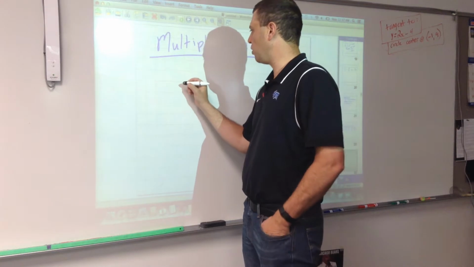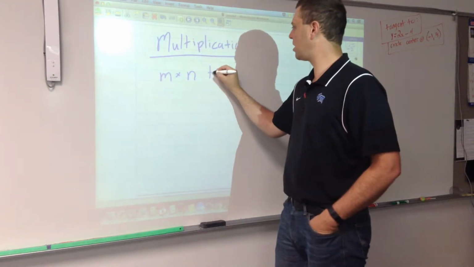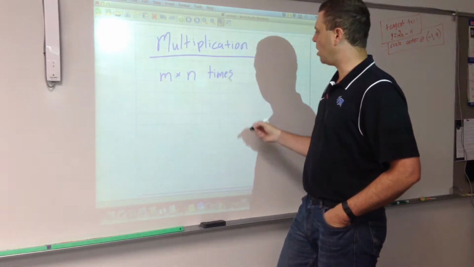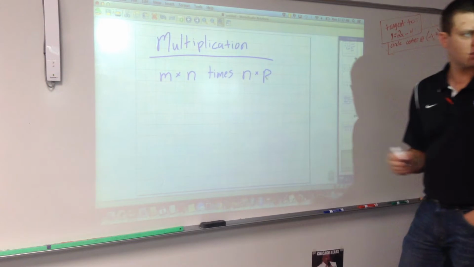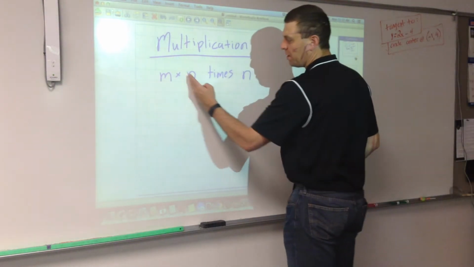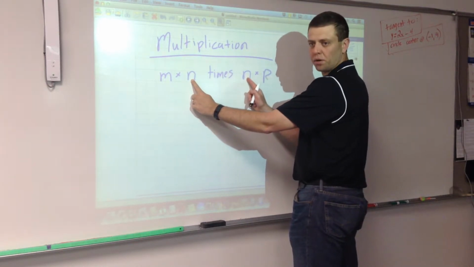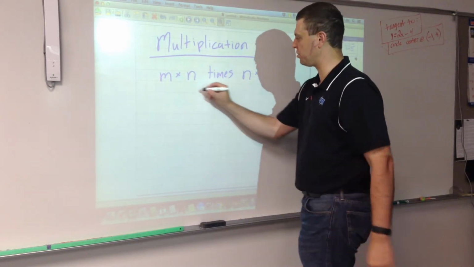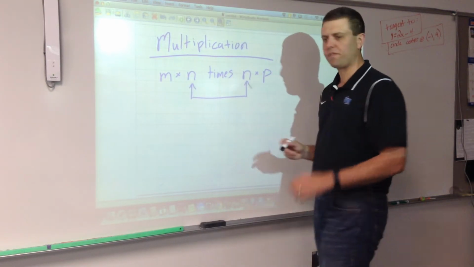Okay? So, if you have an M by N matrix, and you multiply that by an N by P matrix, that is possible. Because the number of columns in the first matrix matches the number of rows in the second. These two values right here, they have to match each other.